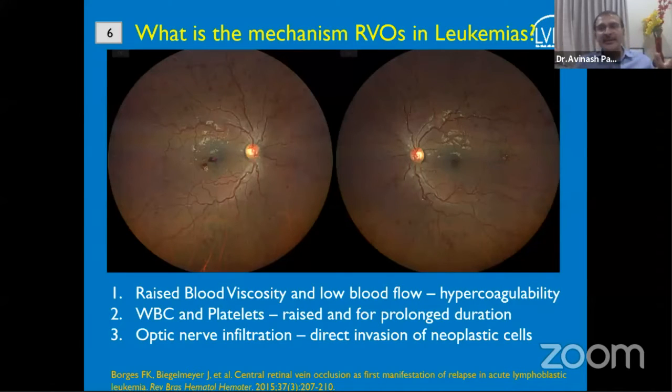The next condition, like I mentioned, is leukemias. The mechanisms by which they develop vein occlusions are raised blood viscosity, increase in WBC and platelets, and above all, optic nerve infiltration. So many times, both the acute and the chronic types of leukemias can cause vein occlusions, more so the chronic ones.